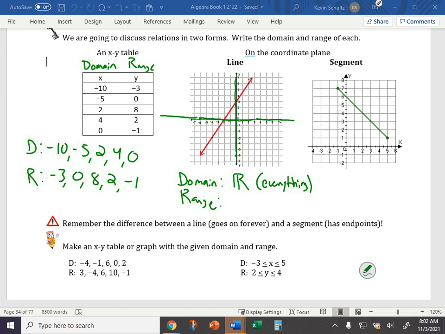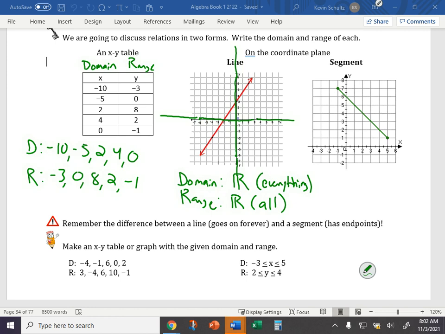But again, because it's a line, it's going to continue to go below -6, and it's going to continue to rise and go above +7. So what's the range of this line, Kylie? Again, all reals. And I'll use the word all this time because I do think that's a little bit better than everything. Okay?